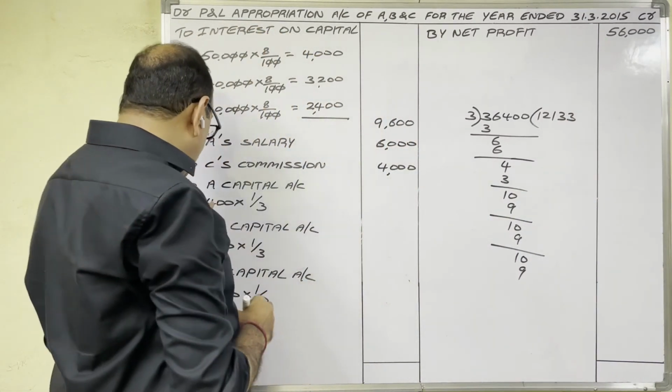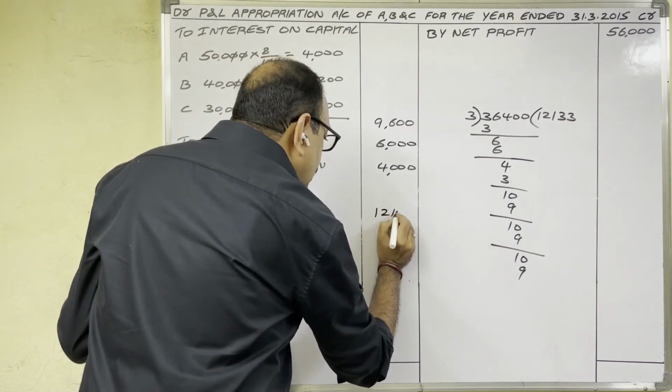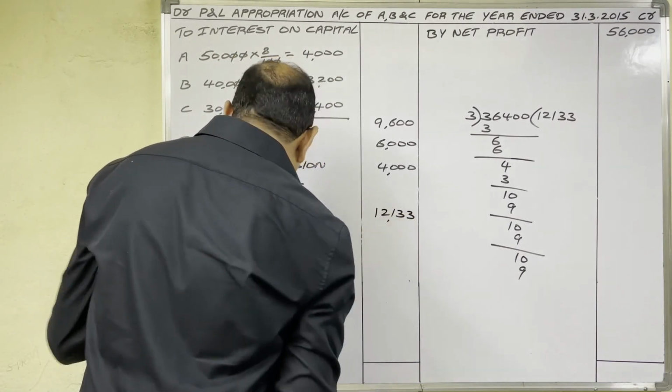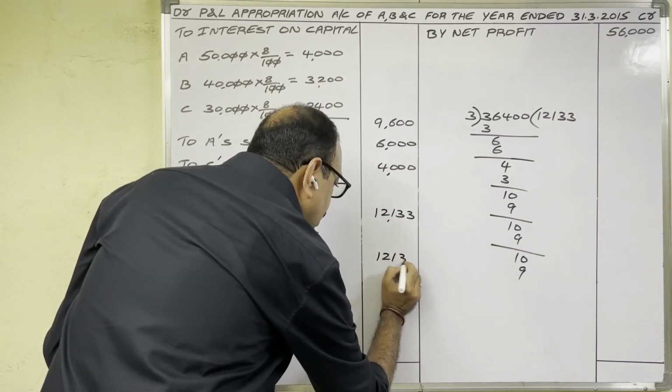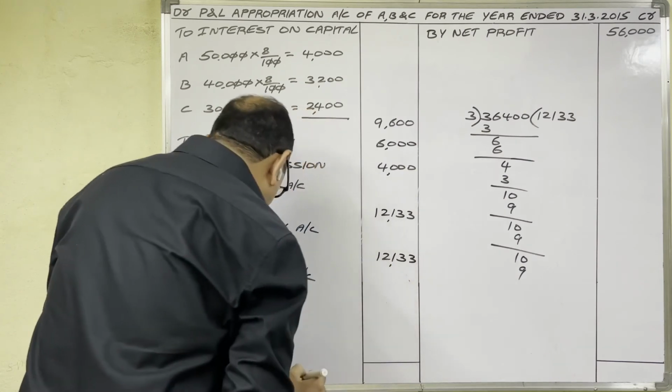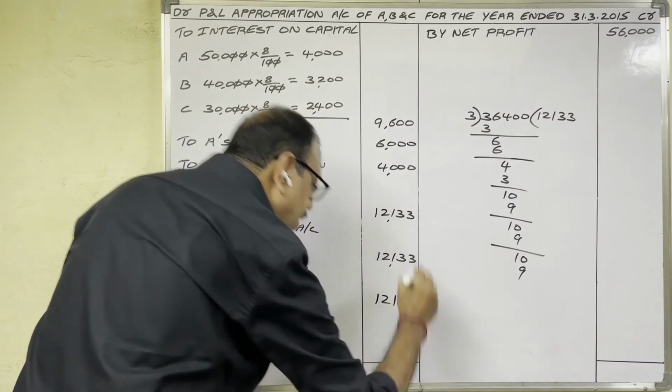12,133. So to A, 12,133. To B, same, 12,133. To C, 12,130.